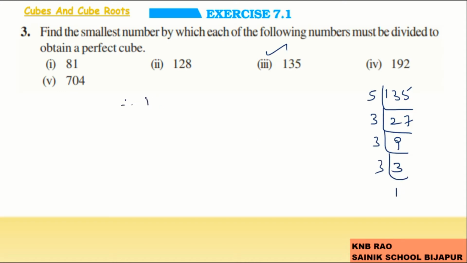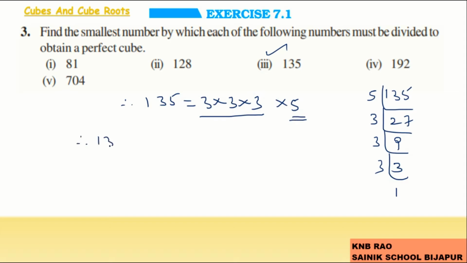Therefore we have 135 with 3 as a prime factor for one time as a group of 3s, I mean as a triplet, and we have one extra prime factor 5.